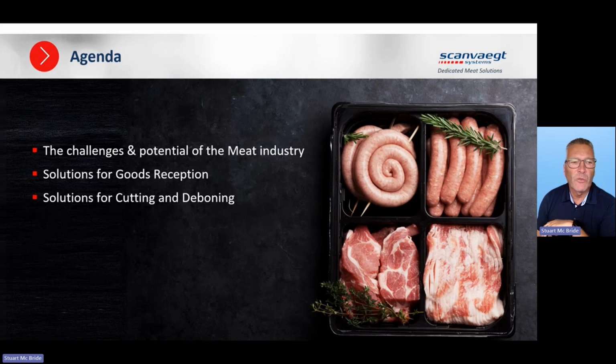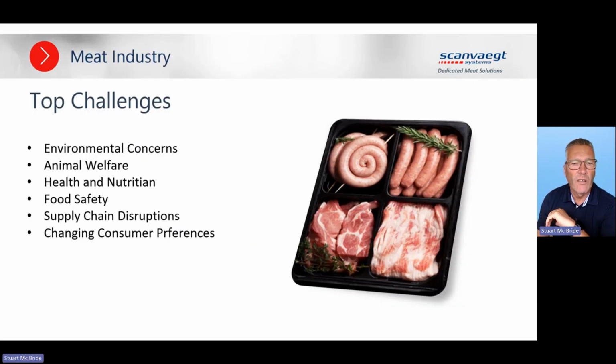So to start with, let's talk about the challenges within the meat industry. There are many challenges that meat producers must be aware of today. And I think it's important to understand this before we talk about the solution and these savings.